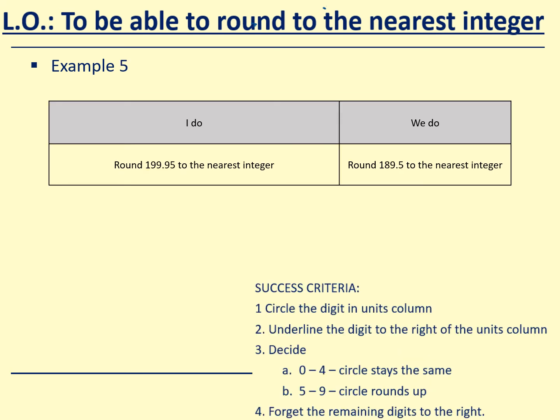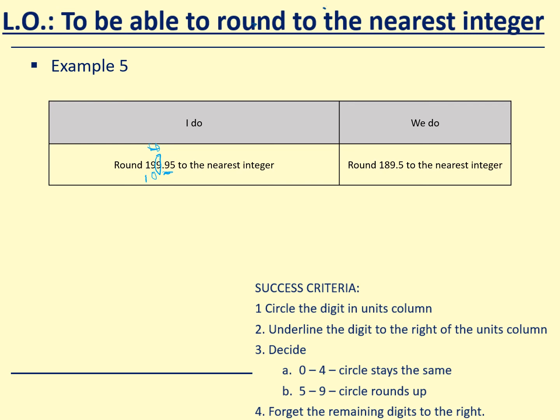Example 5. Round 199.95 to the nearest integer. Again, my nearest integer is 9. Underline the digit to the right. The digit to the right is 9. So this 9 will go up to 10. So 1 moves on to the left. Again, 9 plus 1 is 10. So actually, I have to add 1 to this one.